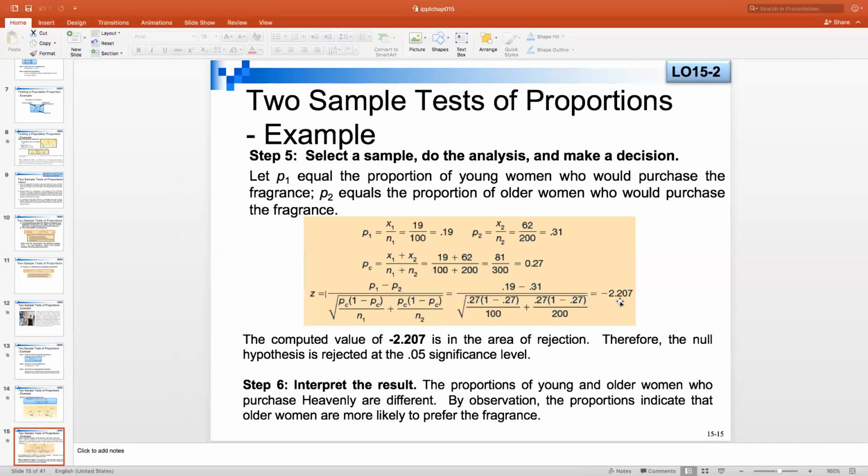Always go in and test these yourself. Create a model in Excel where you can easily drop the numbers in and get your computed Z. That will help you a lot when you're taking tests or doing homework, because you don't have to sit there and recreate this whole structure.